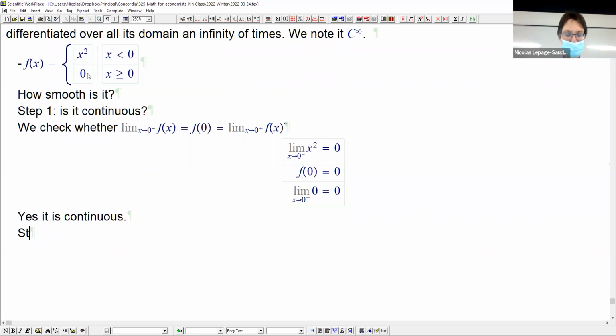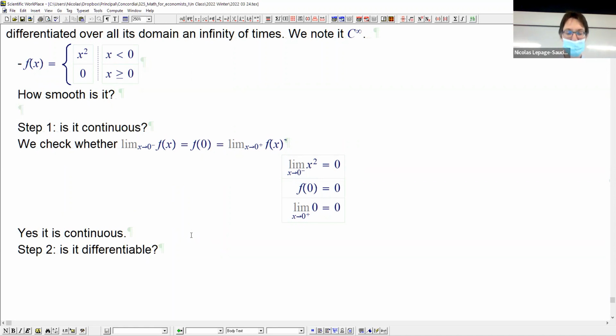Step 2: is it differentiable? The first condition to be differentiable is to be continuous. That's the case here. I should have written, how smooth is it? That's the problem with mathematics, all of the terms are loaded.